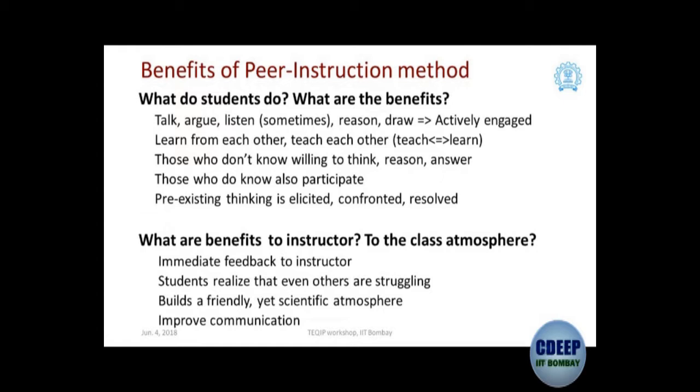Otherwise, there are many students in our class who are afraid. They think that person is smart, I am the not so smart one. That doesn't happen, because everybody is allowed to make mistakes, and it's a safe space. It's okay if everybody makes a mistake, because the rule is no penalty for wrong answers. So a safe, confident atmosphere is created, but it allows for scientific debate and disagreement, and improving communication.